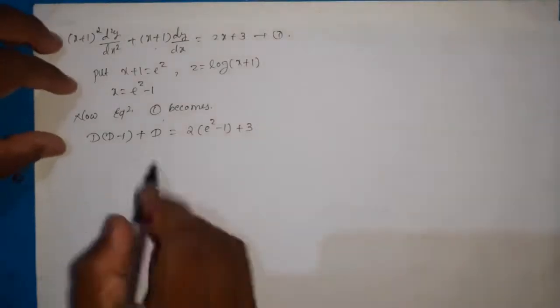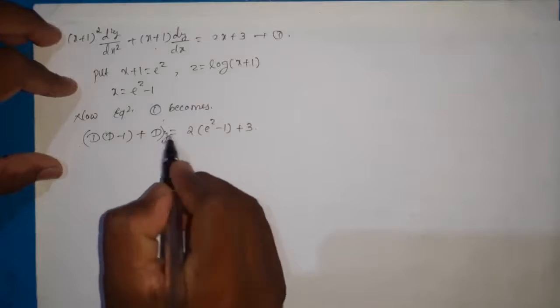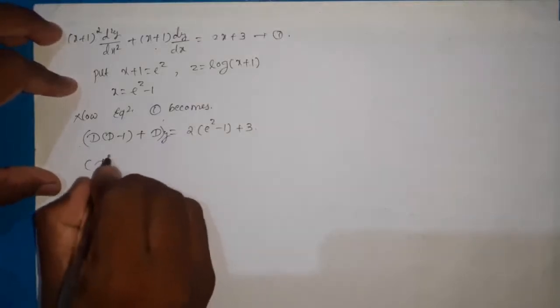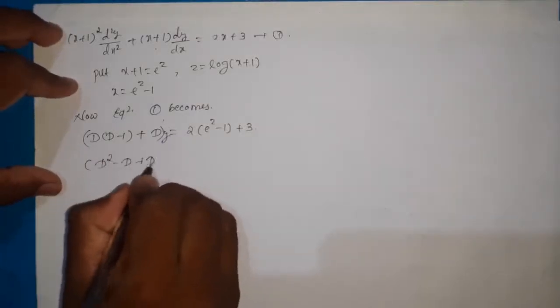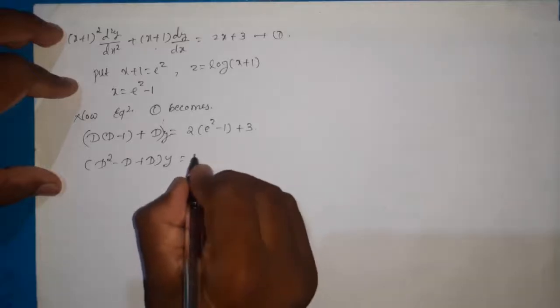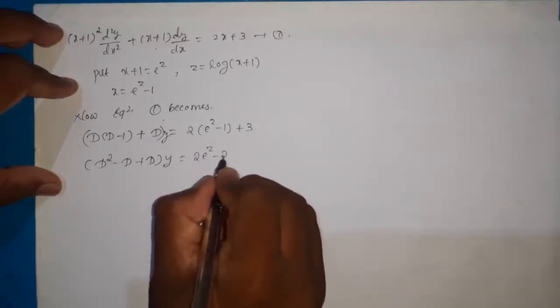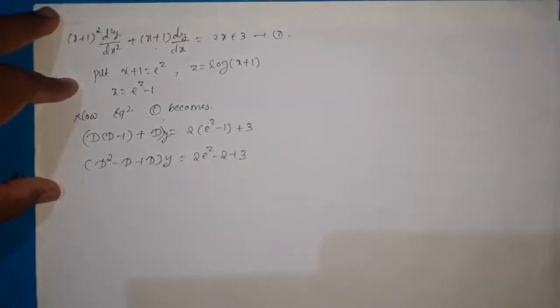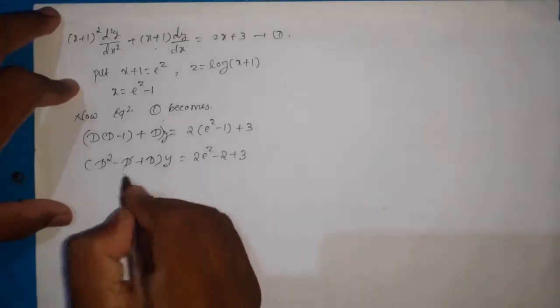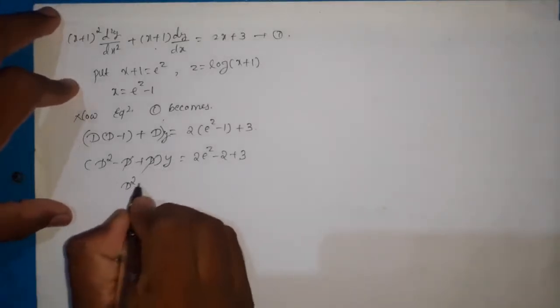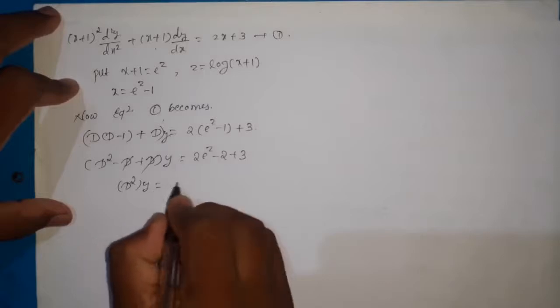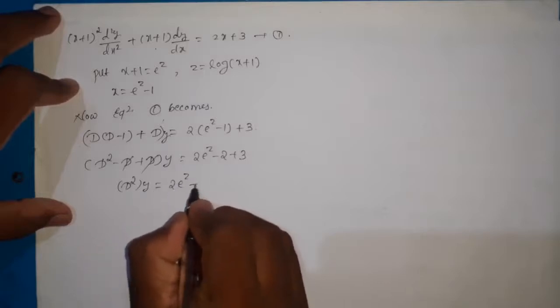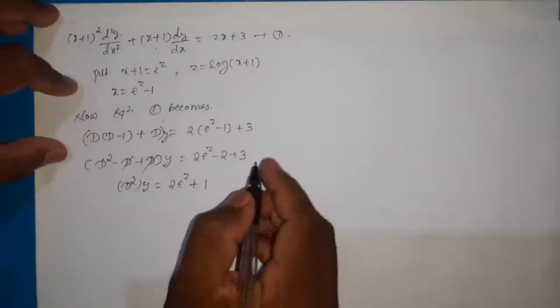Then simplify this one, here into y will be there, then it is d square minus d plus d into y equal to 2 e power z minus 2 plus 3. So d and d get cancelled, it is d square y equal to 2 e power z plus 1.